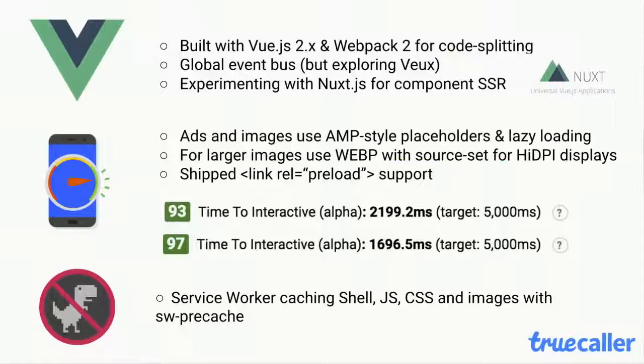Their time to interactive scores have significantly dropped just by using link rel preload from 2.1 seconds all the way down to 1.6. Now, in terms of the Vue ecosystem, they're using a global event bus, but they're considering using Vuex. They're experimenting with Nuxt.js, which is another server-side framework that works really well with Vue. They try to do intelligent things around link rel preload for you as well. And they're using Service Worker caching.